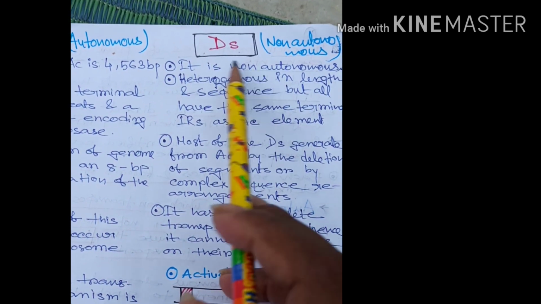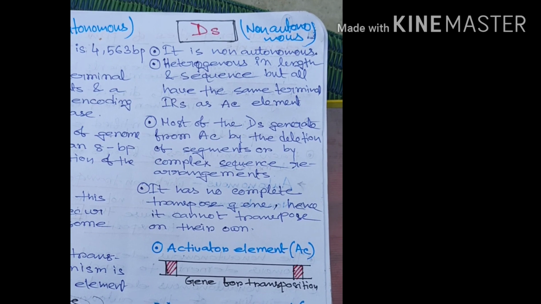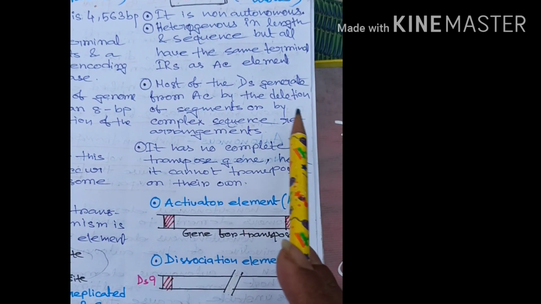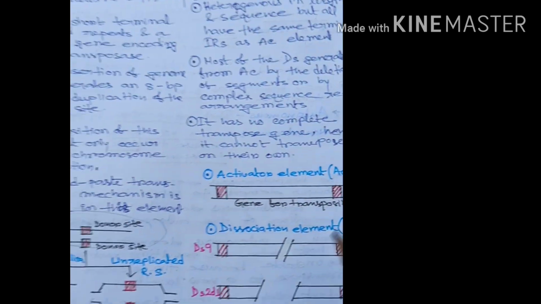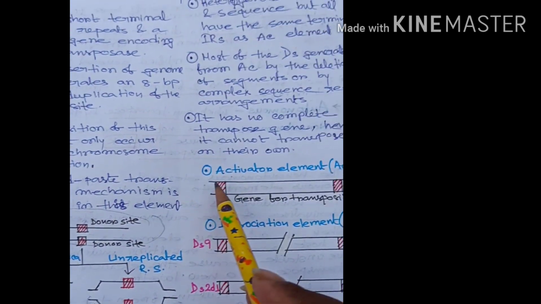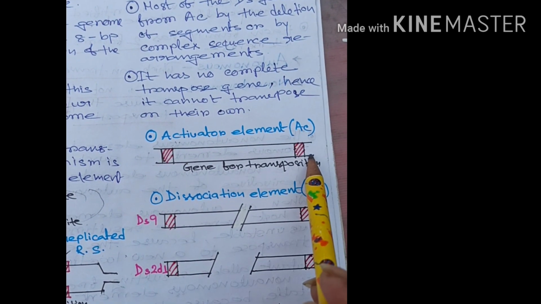DS means dissociator. These are heterogeneous in length and sequence, but all have the same terminal IRs as the AC element. IRs means inverted repeats. Suppose this is the figure of an activator element.